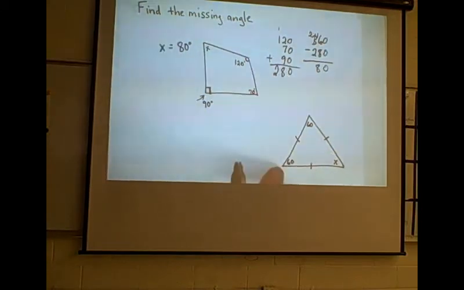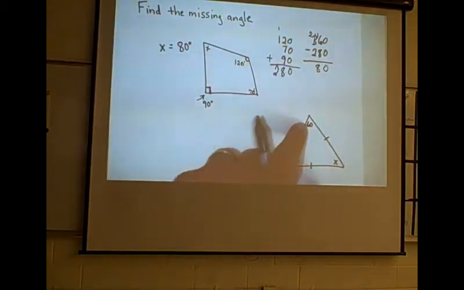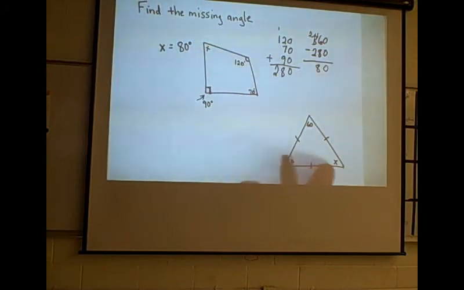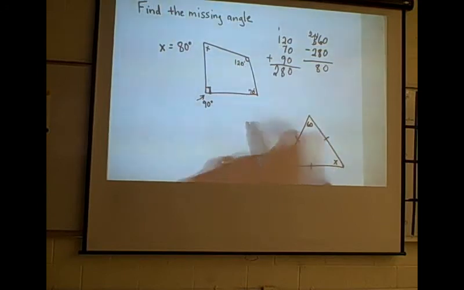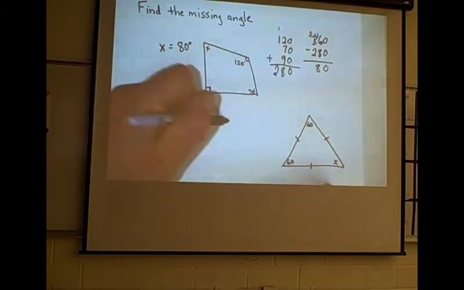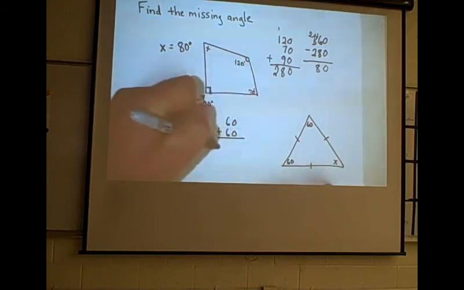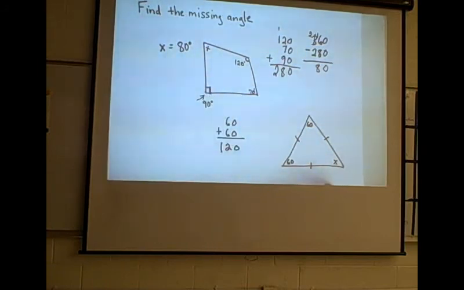Going to the triangle, this is 60 degrees, this is 60 degrees, this is X. We don't know what the X is. All of the sides are the same, so that means all of the angles are the same. So we would have to add 60 plus 60, that's 120.